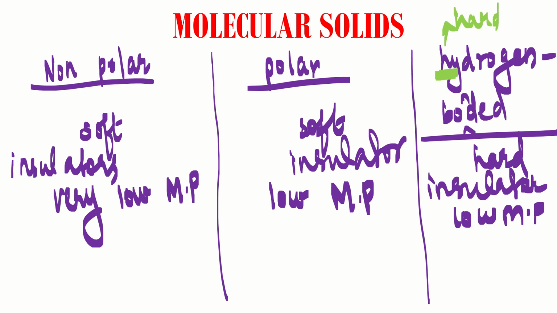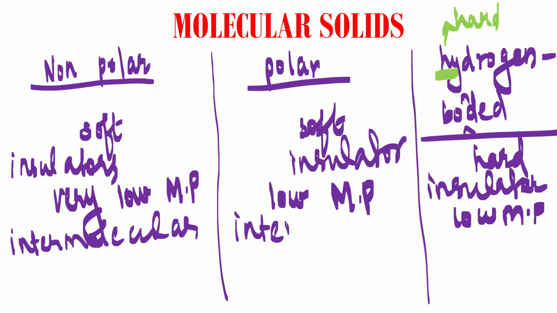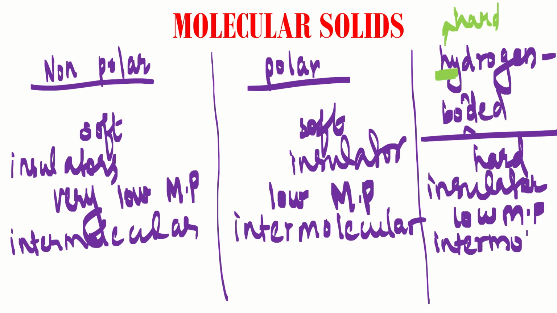Now let us see what kind of forces are present in each of these. Non-polar has intermolecular forces. Polar also has intermolecular forces. Here also there are intermolecular forces. So all of them have intermolecular forces. Now what kind of intermolecular forces are present?